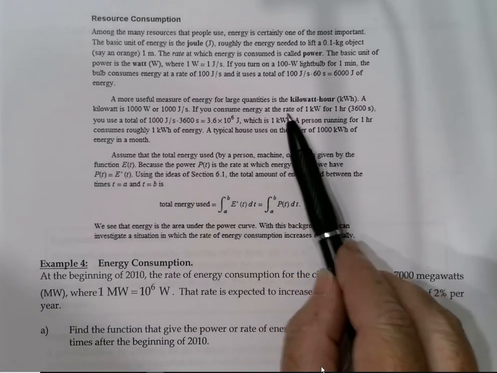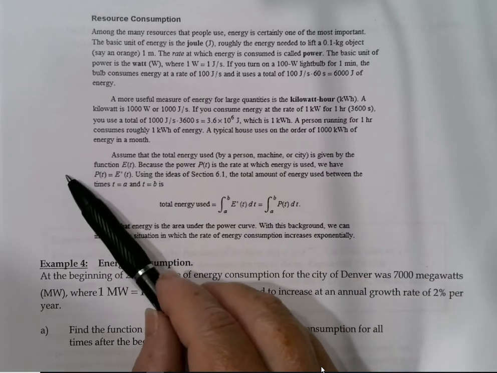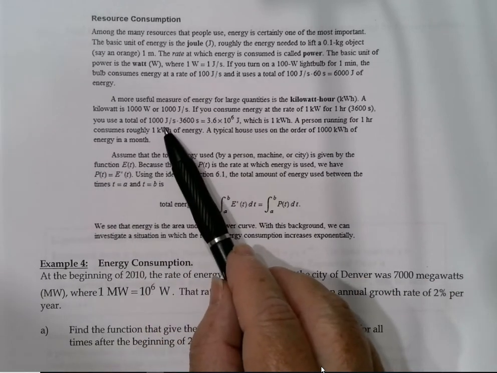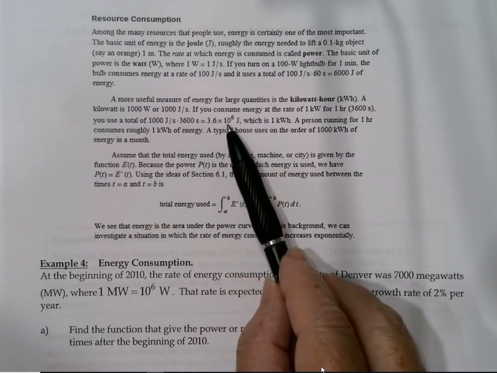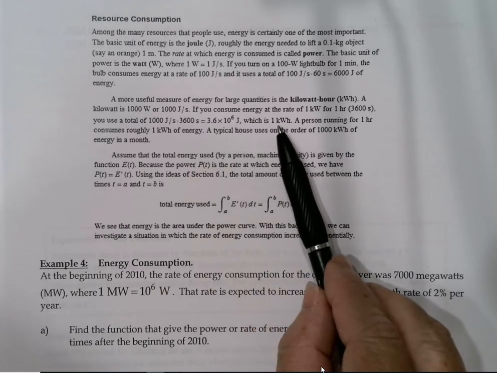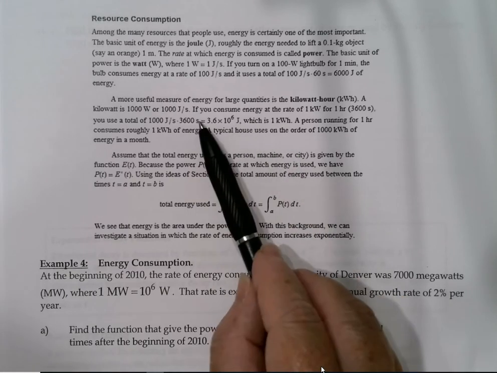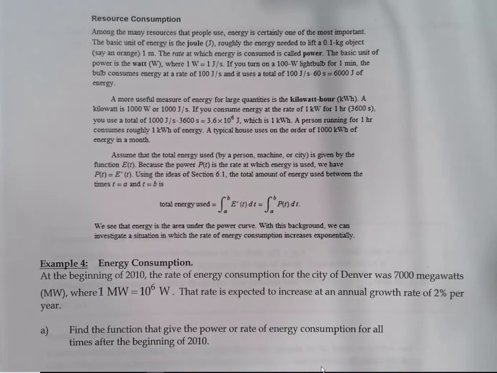If you consume energy at the rate of 1 kilowatt for 1 hour, 3,600 seconds, you've used a total of 1,000 joules per second for 3,600 seconds, or 3.6 times 10 to the 6th joules. And that's defined as 1 kilowatt hour. So instead of having these huge numbers, we've now made a new definition. That's just one of these new units, the kilowatt hour.